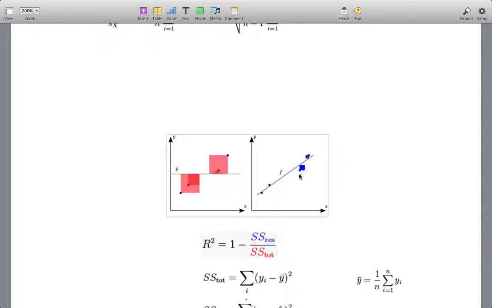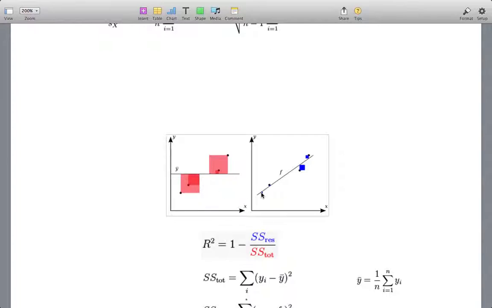Okay, so what we're doing when we're calculating r-squared is making a comparison between the blue boxes and the red boxes here. So what are these red boxes? The red boxes represent the error if you were to take the y coordinate.